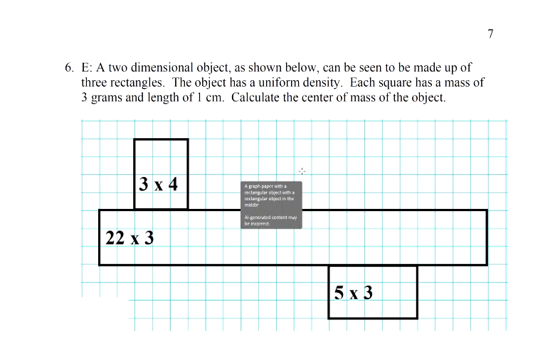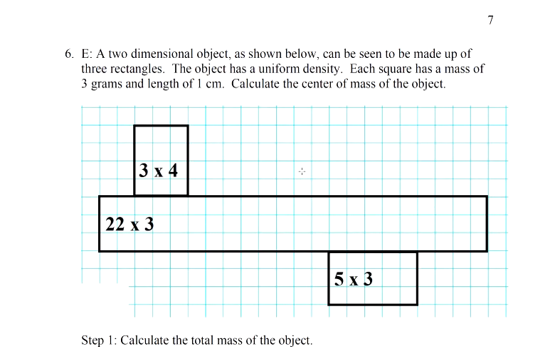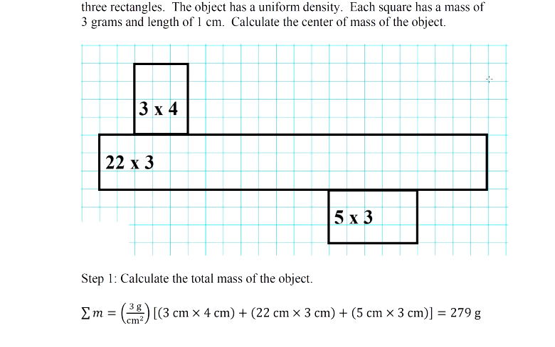So this is another very similar problem. A two-dimensional object, as shown below, can be seen to be made up of three rectangles. The object has a uniform density. Each square has a mass of 3 grams and length of 1 centimeter. Calculate the center of mass of the object. So step 1, calculate the total mass of the object.